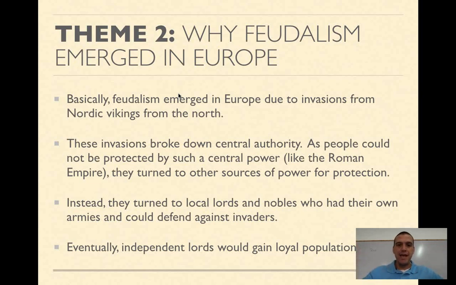And this goes back to what we learned on the changing styles of governance. As the central power broke down, people needed to seek out a noble or a lord for protection, and this is how it changed. This is how we start to get the changing styles of government and the formation of feudalism in Europe. Eventually, as the local populations turned to lords and nobles who had their own armies and could defend against invaders, these independent lords would gain loyal populations.